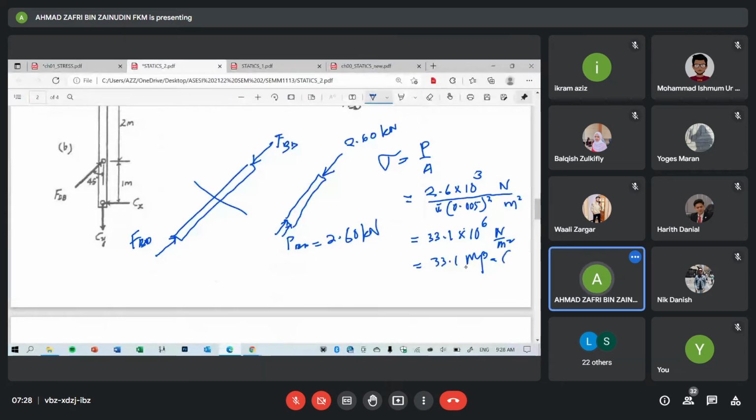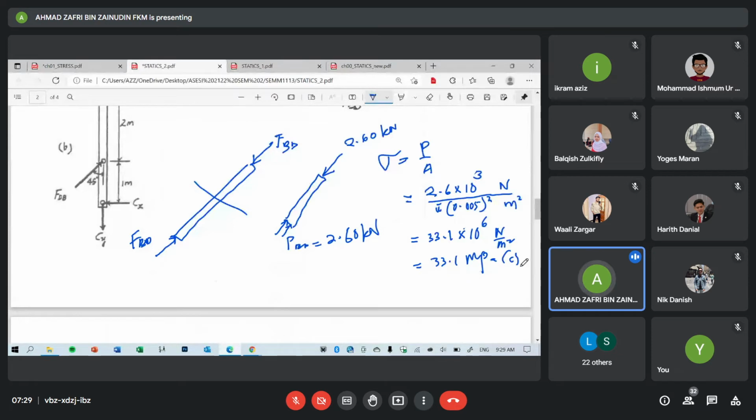Because some materials have different strength in tension and compression. Very strong in compression, but very weak in tension. Some materials have the same strength in tension and compression. So we need to know whether it is tension or compression.